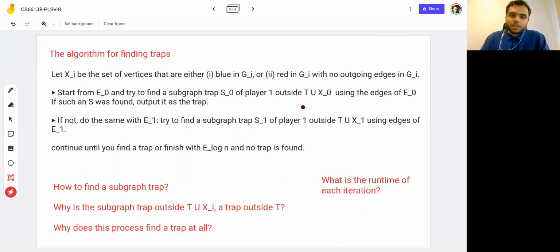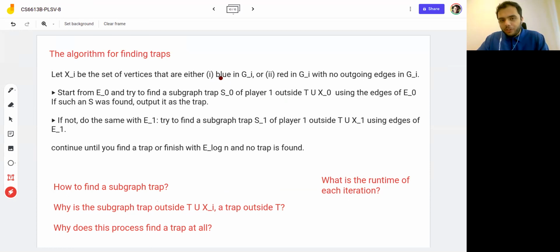Why? Because, if player 1 can reach a vertex that is blue in Gi, what does that mean? Well, by definition, a blue vertex is a player 1 vertex, so he has control over the outgoing edge. But this vertex is blue, so it has high degree, so it has some edges that are in G but are not in Gi.